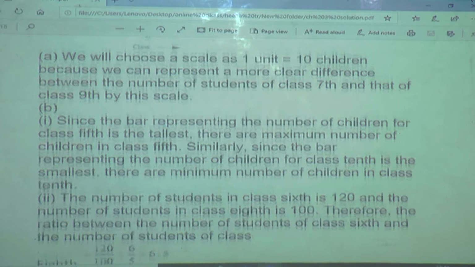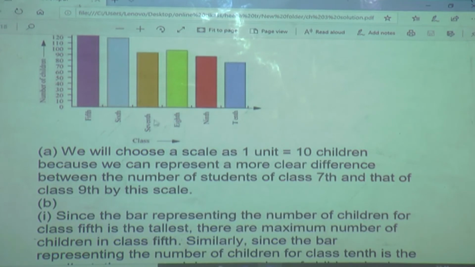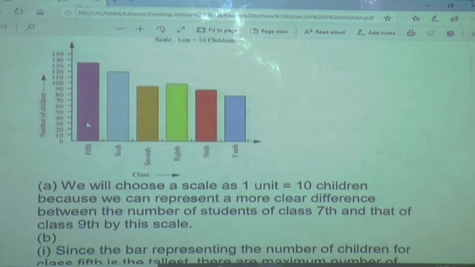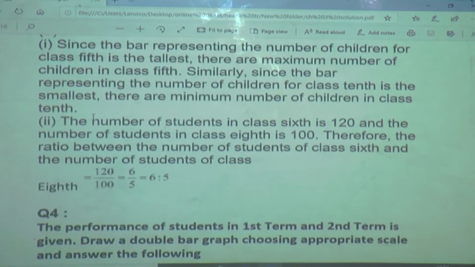What I have read out, you can see here: the bar which is the smallest means that bar has minimum children, and the tallest bar has the maximum students in the class.